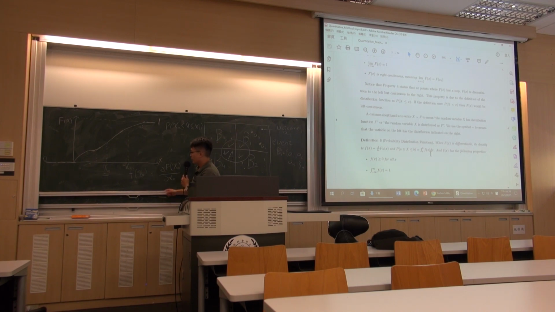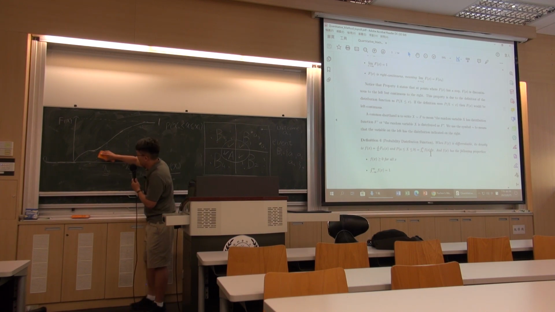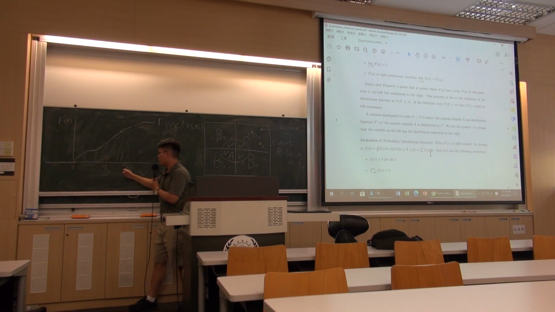From the graph, you can see this is the whole probability from 0 to x1 minus the part from 0 to x0.